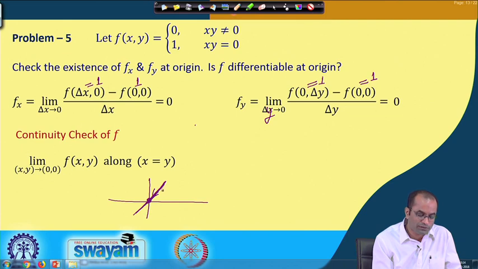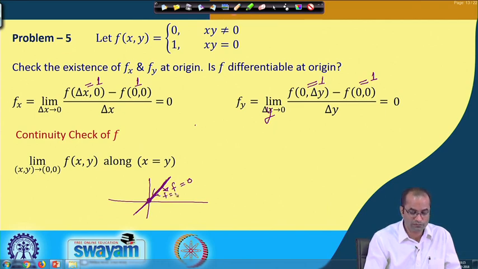So, when we are approaching along this x equal to y line towards (0,0), whatever neighborhood we take close to 0, the value of this function is 0, because the function is defined as 0 when xy is not equal to 0.